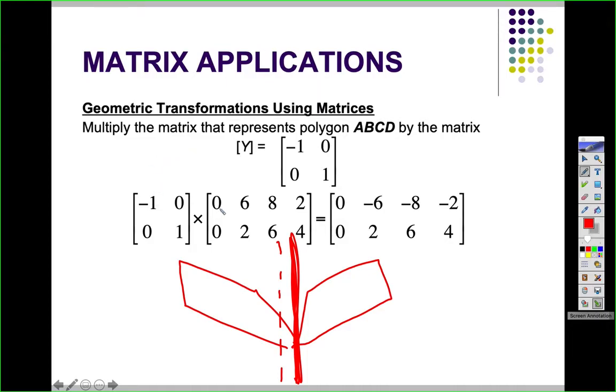Now, the last thing I'm going to stress is, if you want to reflect over the y-axis or x-axis or anything, the points matrix of the figure, like the points x, y, x, y, x, y, x, y, is the second matrix. The first matrix, matrix 1, because remember multiplication order matters, always has to be the reflection matrix that comes first. So if I want to reflect over the y, the first matrix is the y matrix. You can't do it in reverse.